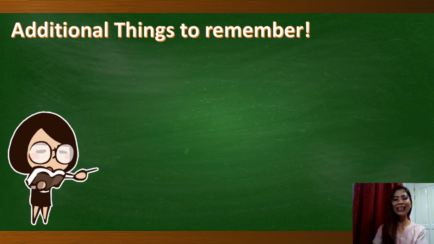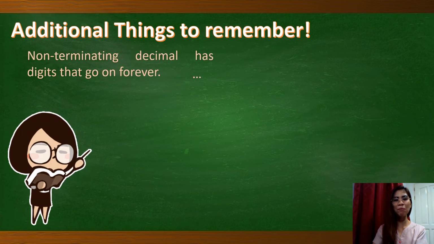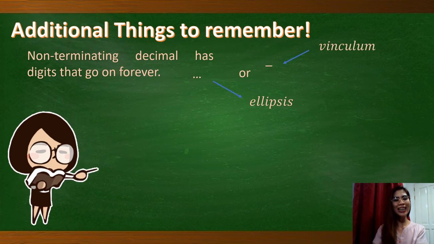We should also remember that non-terminating decimal will make use of the symbol we commonly know as ... or ellipsis, or the horizontal bar notation symbol mathematically known as vinculum to indicate that the digits go on forever.